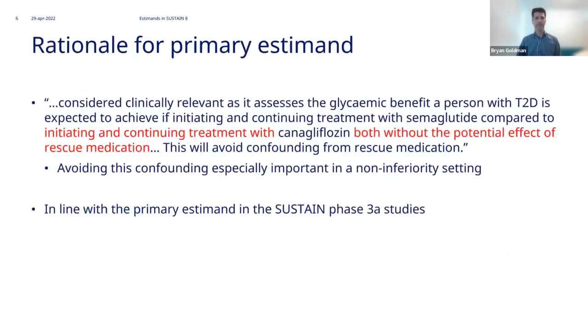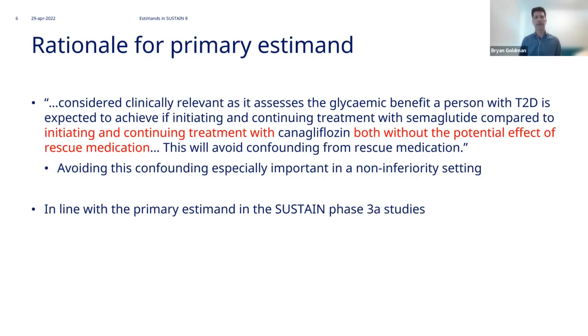Yeah, next slide. And so the rationale for this primary estimand, I think in addition to this notion of it being clinically relevant, it's especially so in this particular situation in a non-inferiority setting.